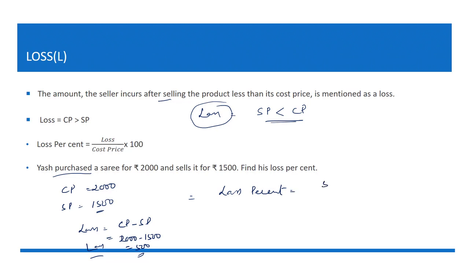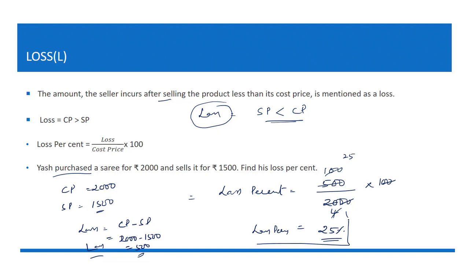How much loss he incurred? That is 500. Cost price is 2,000, into 100. Correct. These two I'll cancel. Right. Next is 5. 5 ones are 5, fours are 4, ones are 25. The loss percent here is 25%.